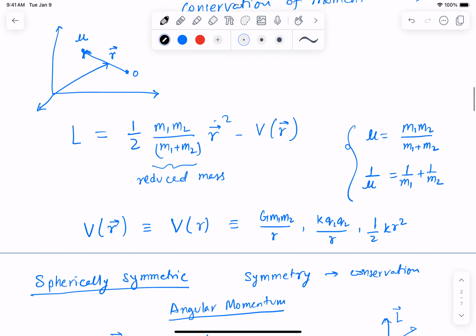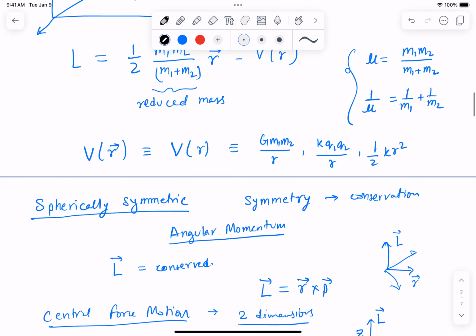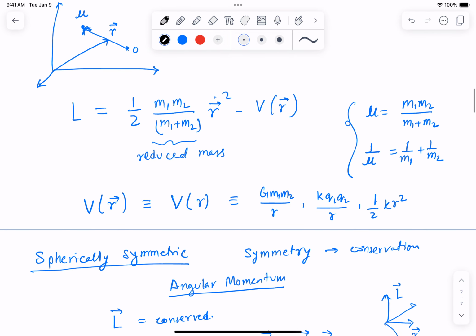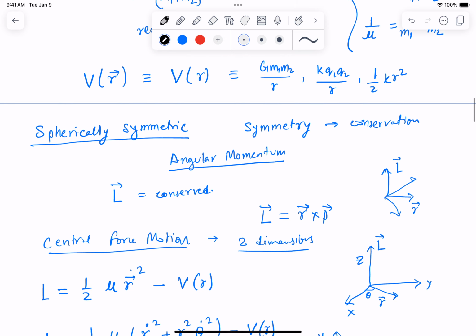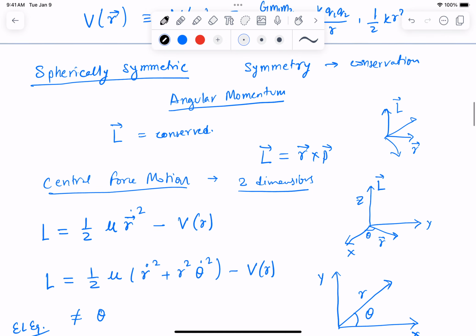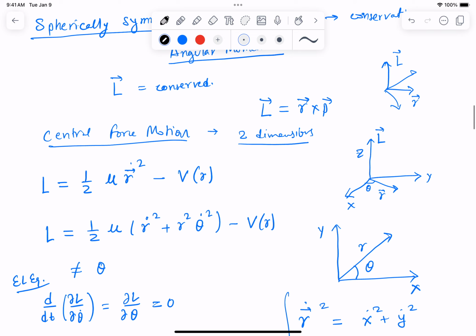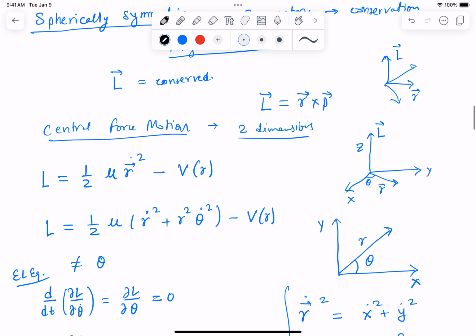Then we realized that because it only depends on the relative position R, there is a spherical symmetry in this problem. That spherical symmetry results in conservation of angular momentum, which allowed us to change this problem from 3 dimensions, the 3 components of the relative position vector r, to only 2 dimensions.